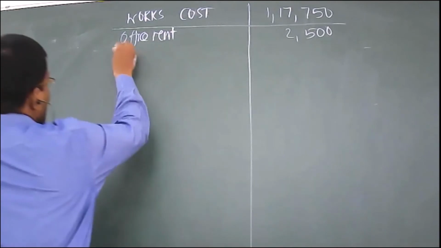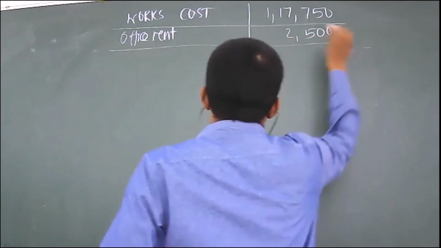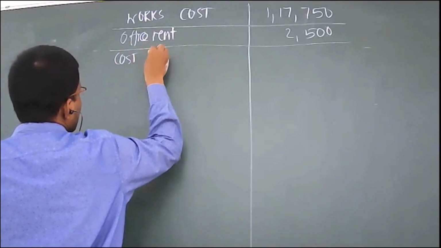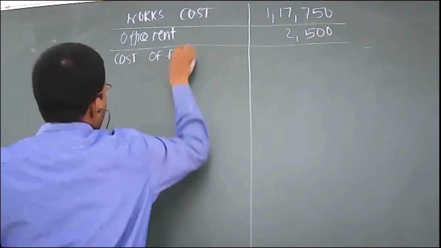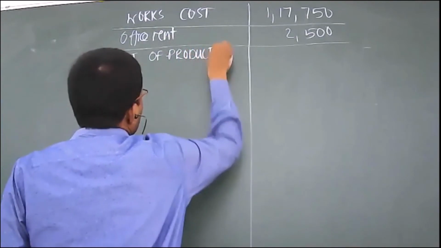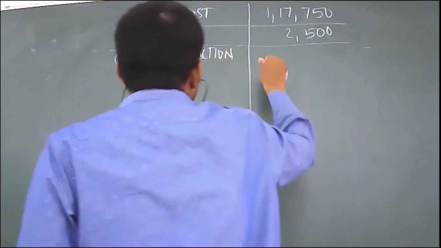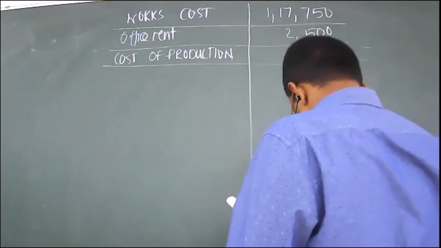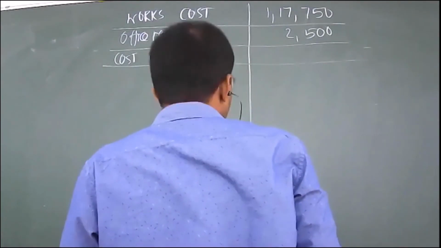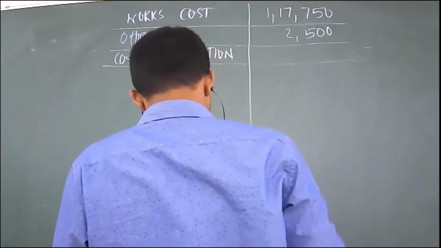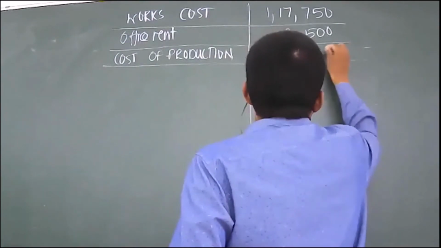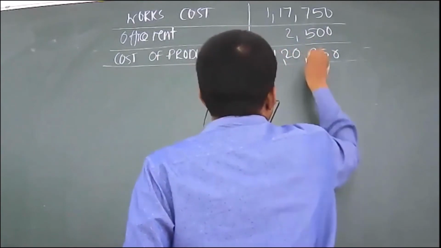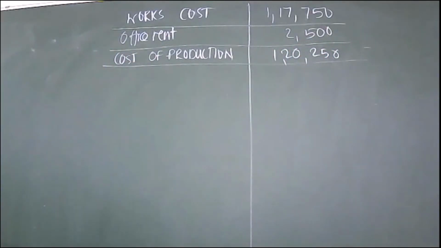This is another sub heading that we have not dealt with in the previous case. Cost of production works out to be 1,20,250.